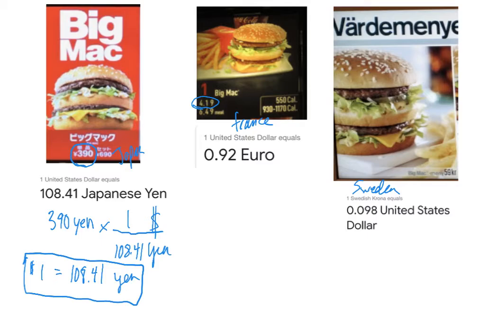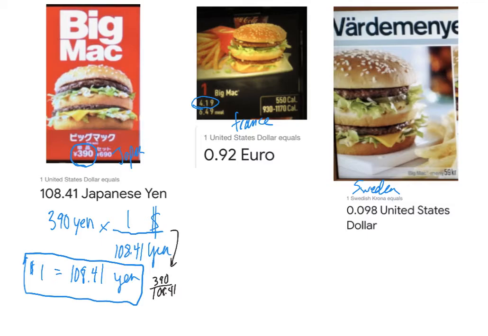With dimensional analysis, we know we can multiply the numerators and then divide by the product of the denominators. So maybe I'll write this down here. I'm going to have 390 times 1, which is just 390, over 108.41.